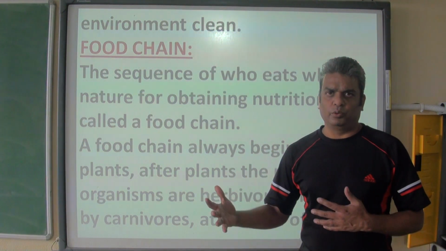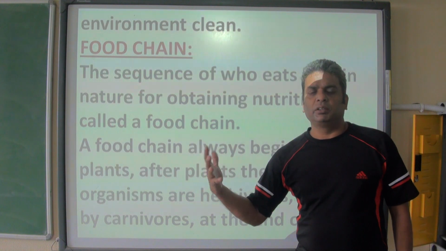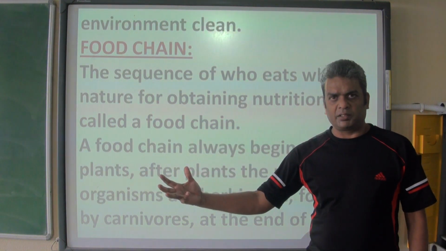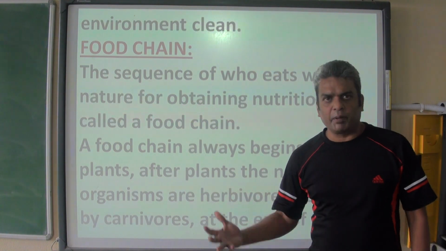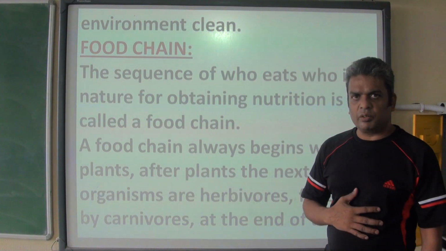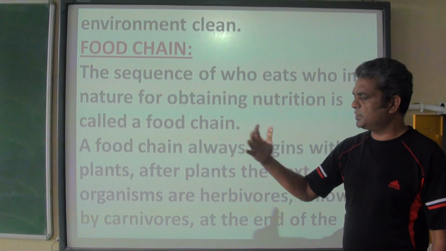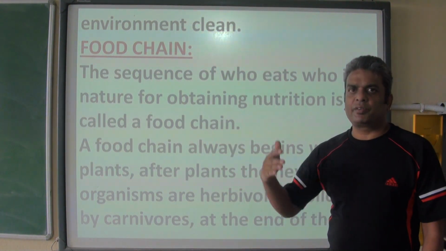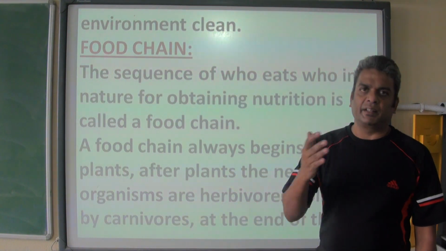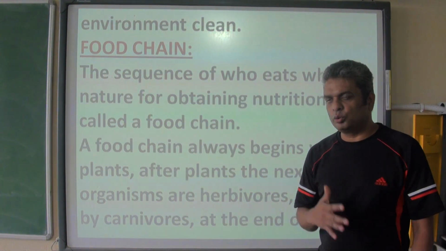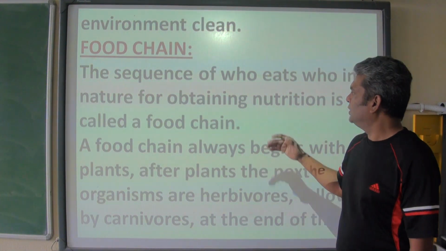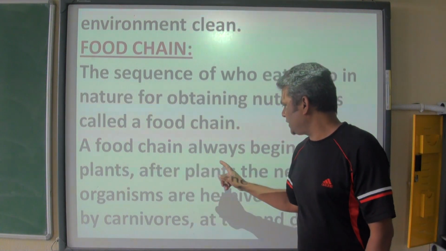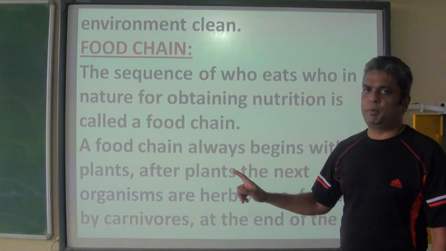Now, who eats who? In the beginning, you have learned that primary producers are eaten by herbivorous animals, and then they are eaten by carnivorous animals. So, like this, a chain, who eats who. Herbivorous animals are eating plants and then carnivores are eating herbivores. So who eats who in nature to survive is called a food chain. A food chain always begins with plants.